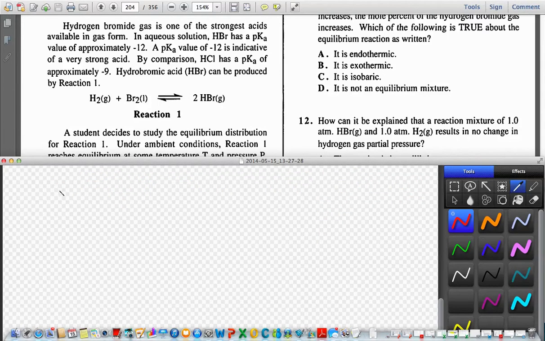All right, so if we look at passage 2, question 8, we have a really familiar system at equilibrium.